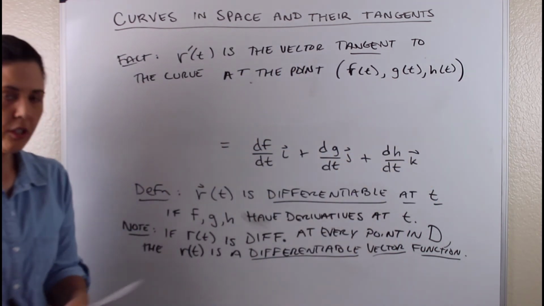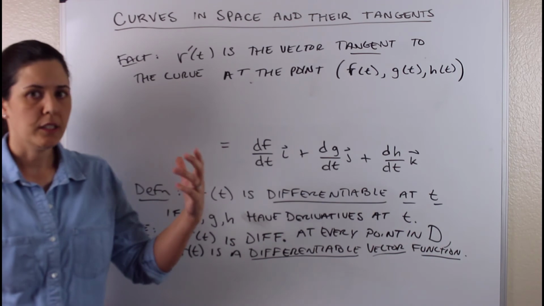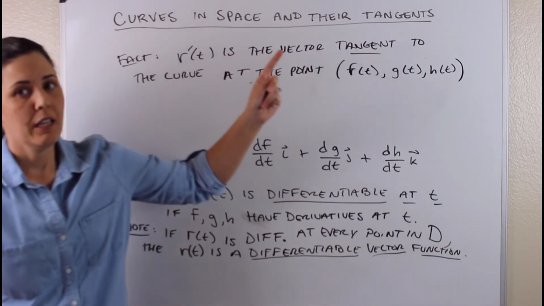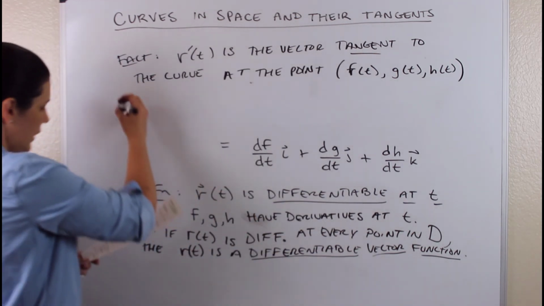Just like before in single variable calculus, the derivative represented the tangent line. In this case, it's the tangent vector, the vector tangent to your curve.